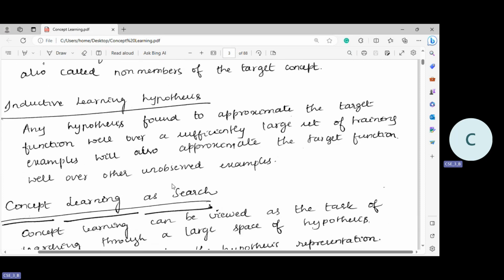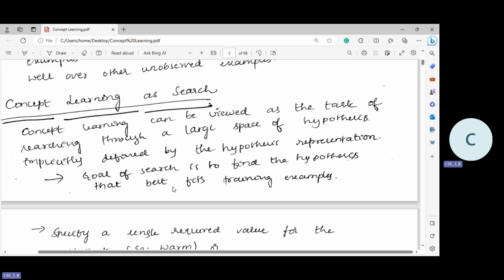So now first realize this: what is concept learning as a search? Concept learning can be viewed as the task of searching through a large space of hypotheses implicitly defined by the hypothesis representation. So here there will be n number of candidate hypotheses.